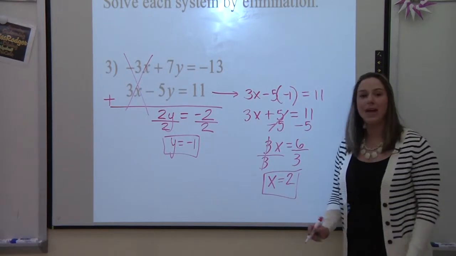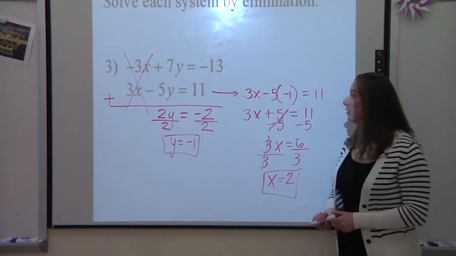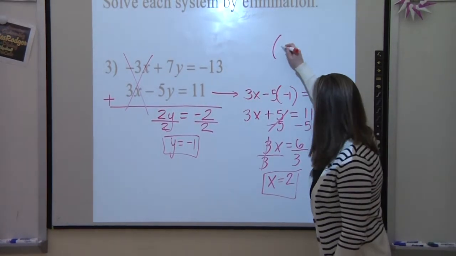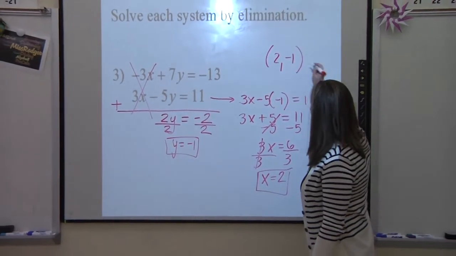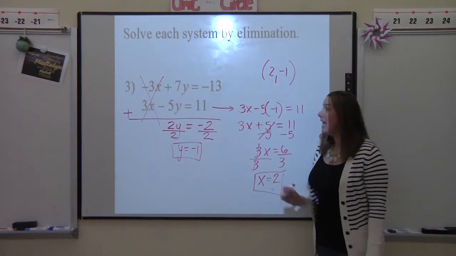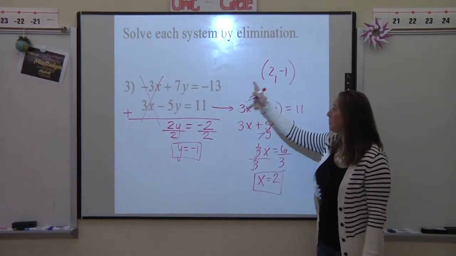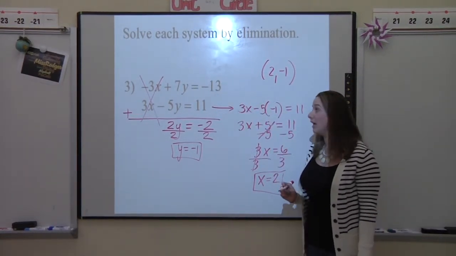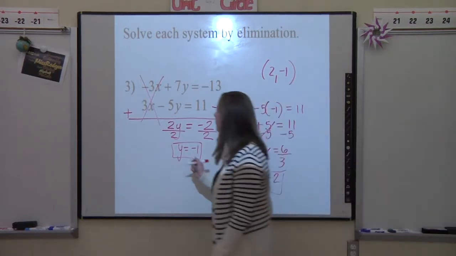For this problem, x equals 2. Our solution is going to be the ordered pair 2, negative 1. Make sure your x comes first and then your y. If I were to check this, I could substitute this into the first equation to check. Let's do that.